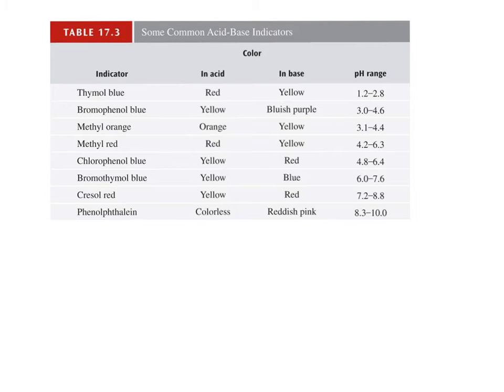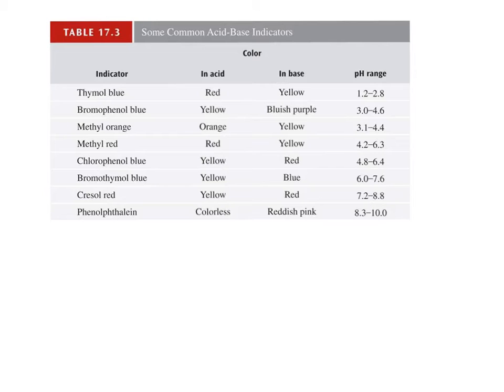So here is a list of common acid-base indicators and you guys have already seen a couple of these in lab, right? You've used phenolphthalein here when you were doing the titration of acetic acid with NaOH, for instance, and you've also seen methyl orange as well, this guy right here. So the indicator is going to depend on the titration that you're doing, okay? Now the indicator's pKa should be close to the pH range that you expect the equivalence point to happen, okay?